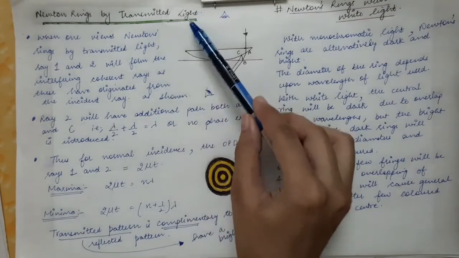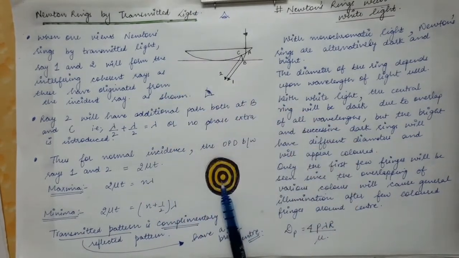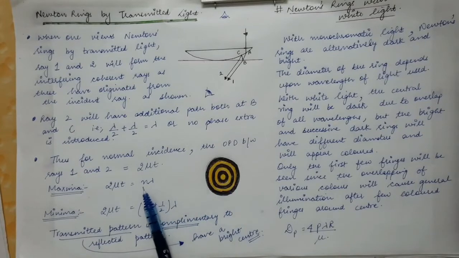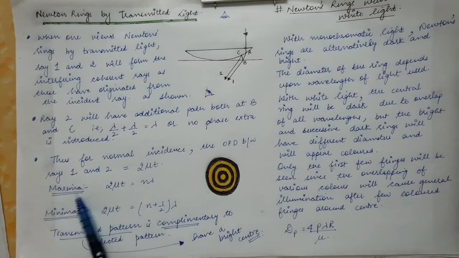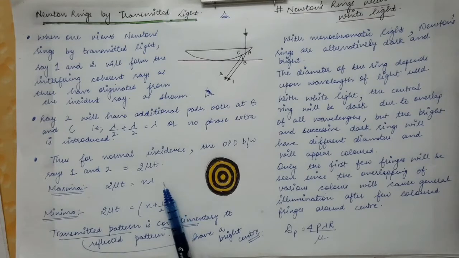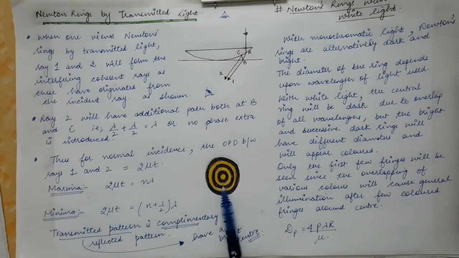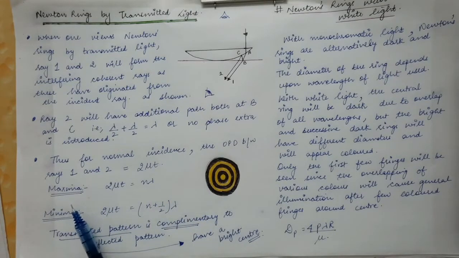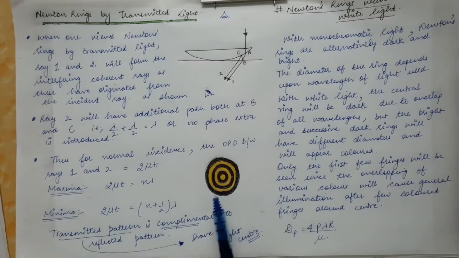In the case of transmitted light, the central fringe is a bright fringe, because when you put n equal to 0, t will come out to be equal to 0, and this is the condition of maxima. So the central fringe is a bright fringe for the case of transmitted light, whereas it is a dark fringe for the case of reflected light.